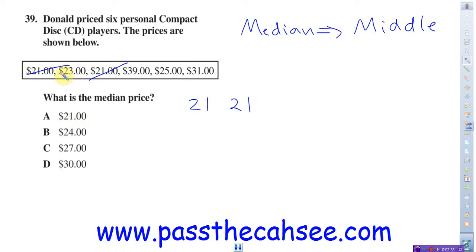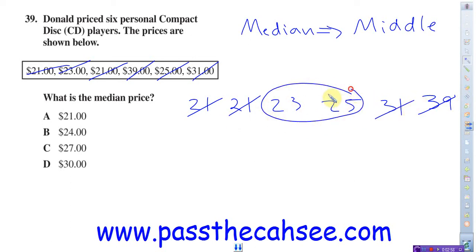Then 23. Then 25. 31. And then finally, 39. So out of all these numbers, which one is in the middle? So you would go check this off, check this guy off, and then you're left with 23 and 25.